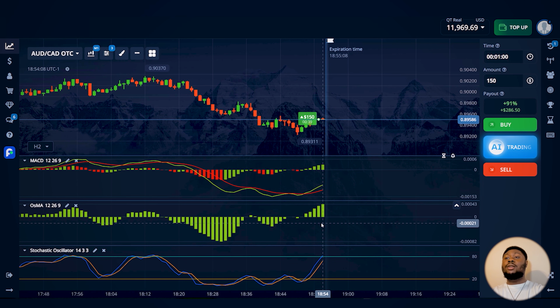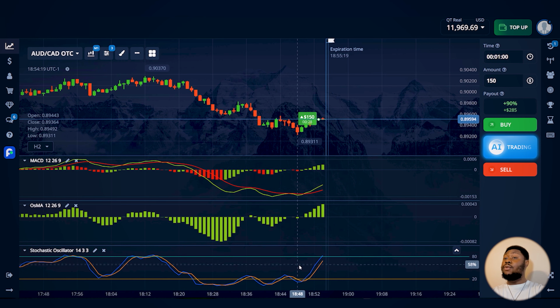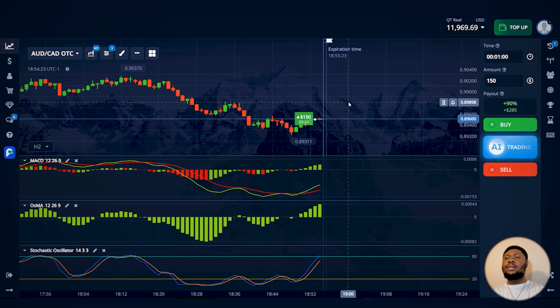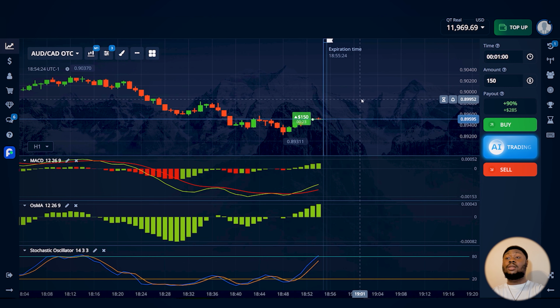When working with a strategy, it is important that all indicators give a signal. This is important. The MACD and OSMA indicators indicate the state of the market. If the chart is built above the 0 level, the price will rise. If lower, it will decrease. The main thing in this strategy is to get confirmation from stochastic oscillator.